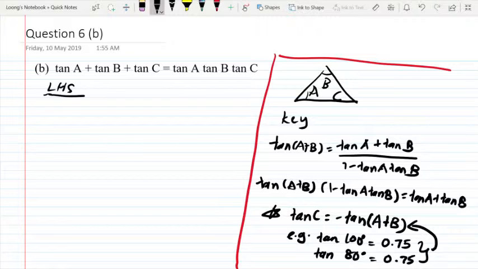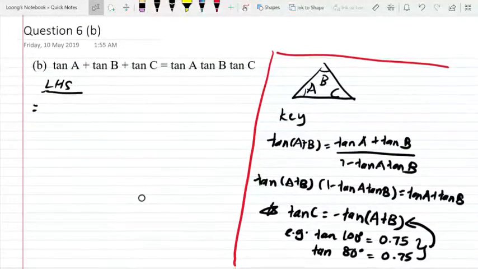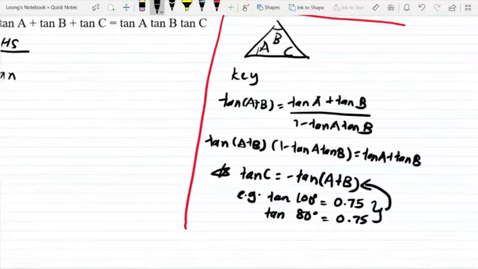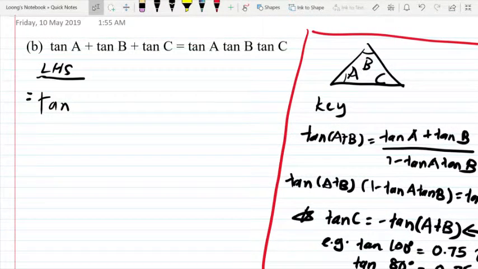On the left hand side, what we have here is, as we said before, tangent C is equal to negative of tangent A plus B. So we just express the whole thing.